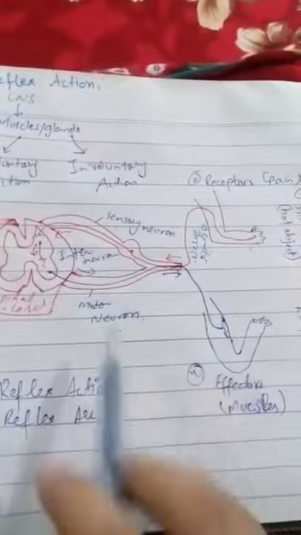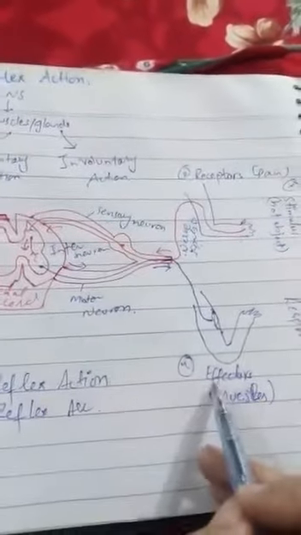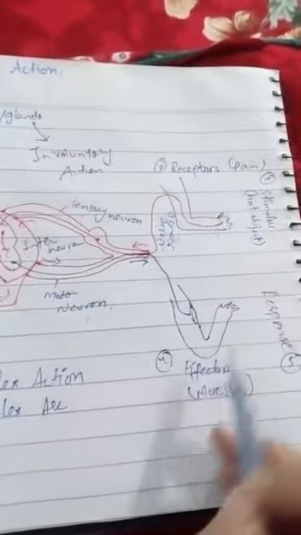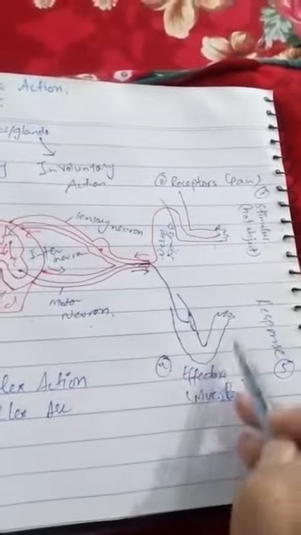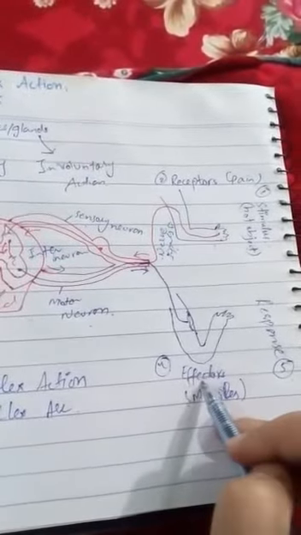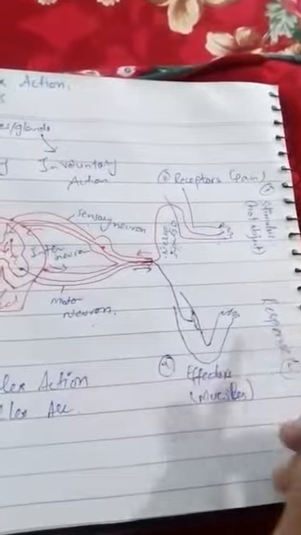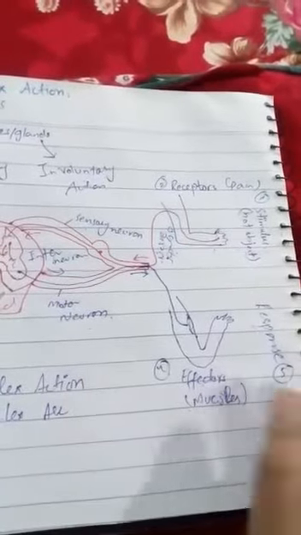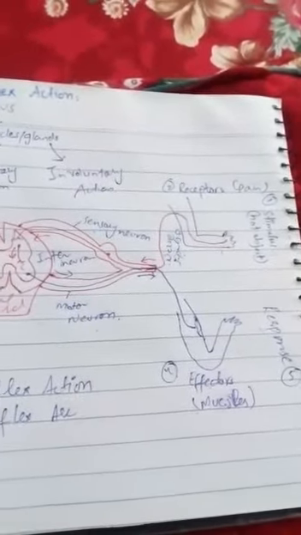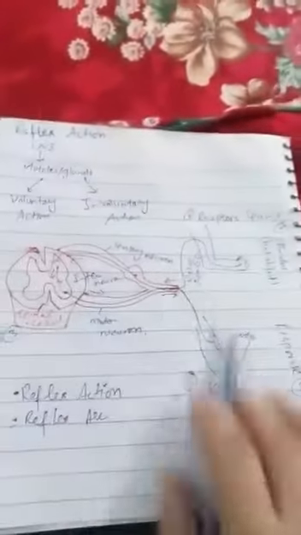Effectors are muscles or glands. These motor neurons give a message to the effectors, and the effectors or muscles perform the quick response. The last component is the response, and we pull our hand back from the hot object. This is the example which shows how the reflex action is performed.